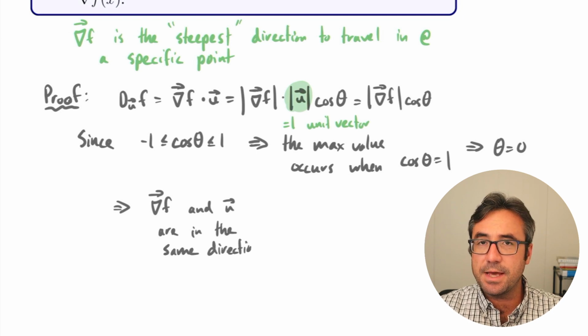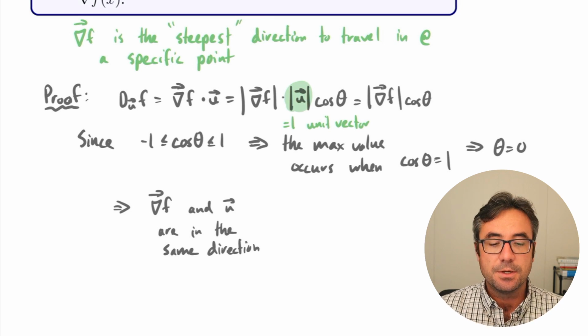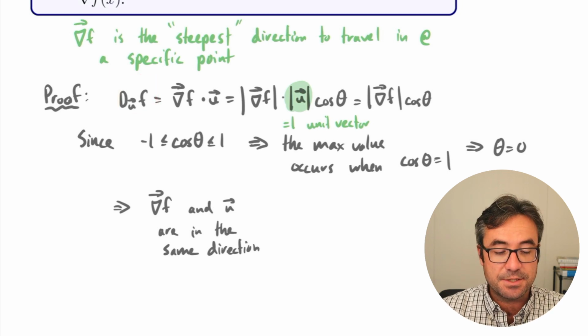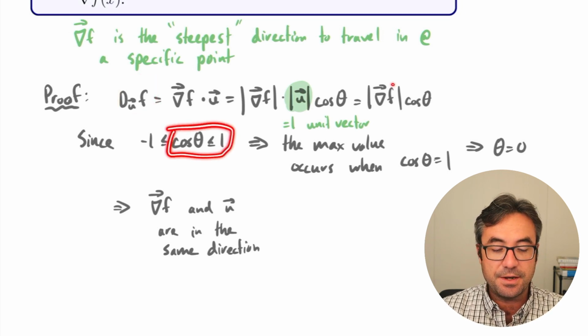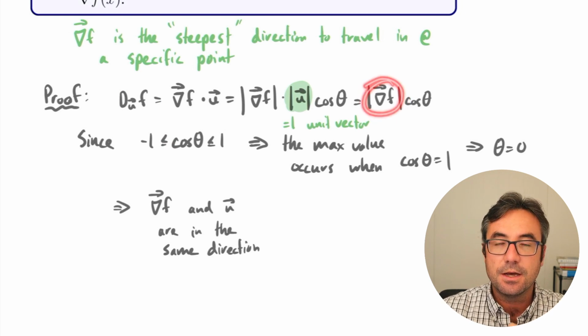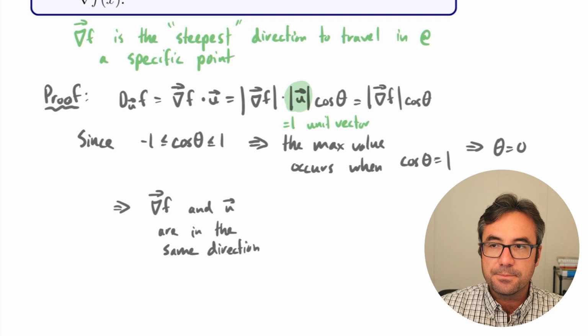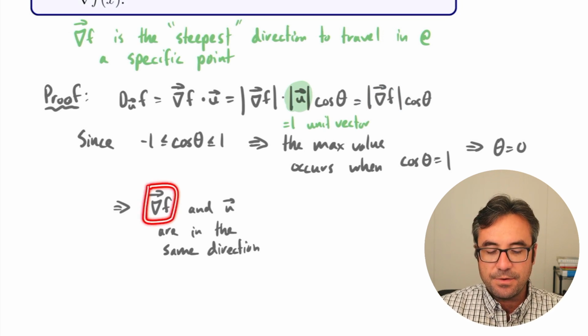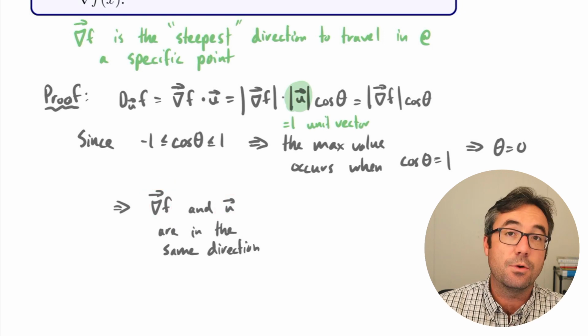So they might have different lengths, but they're both pointing in the same direction. So what this is telling us is that the largest this directional derivative ever gets is when cosine of theta is equal to 1, and the value that happens there is the length of our gradient vector. And that also happens when the gradient vector and our direction are going in the same direction.